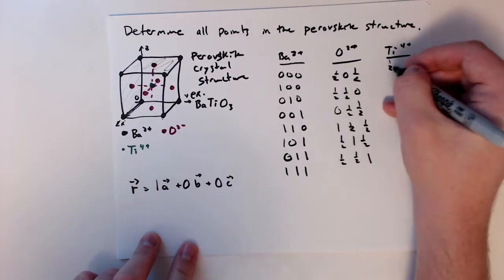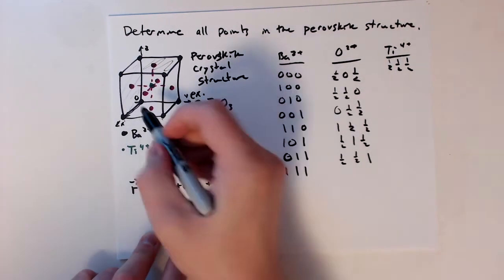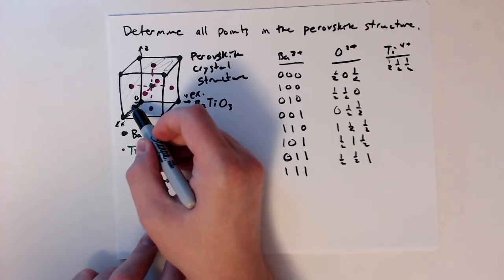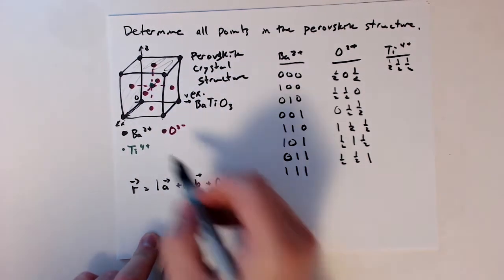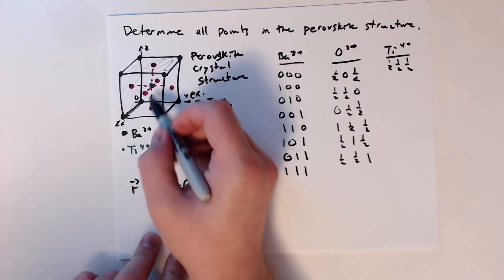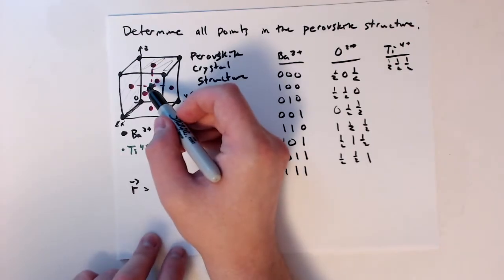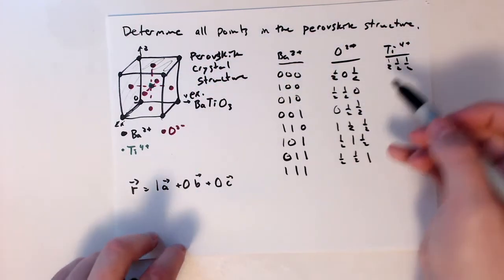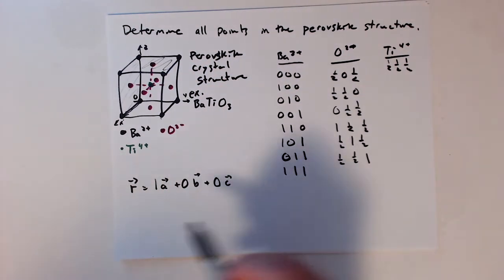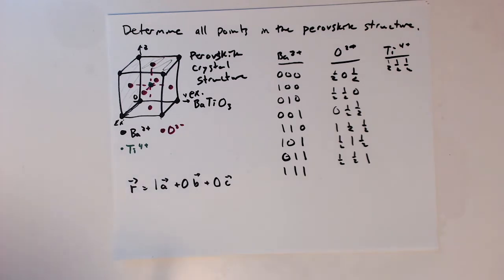And so I have 1/2, 1/2, 1/2. So I'm thinking of these values here, and I'm translating in the x, y, and z direction by those increments to get to the endpoint of that vector, which is where that point is. So that's how I'm doing this first problem.